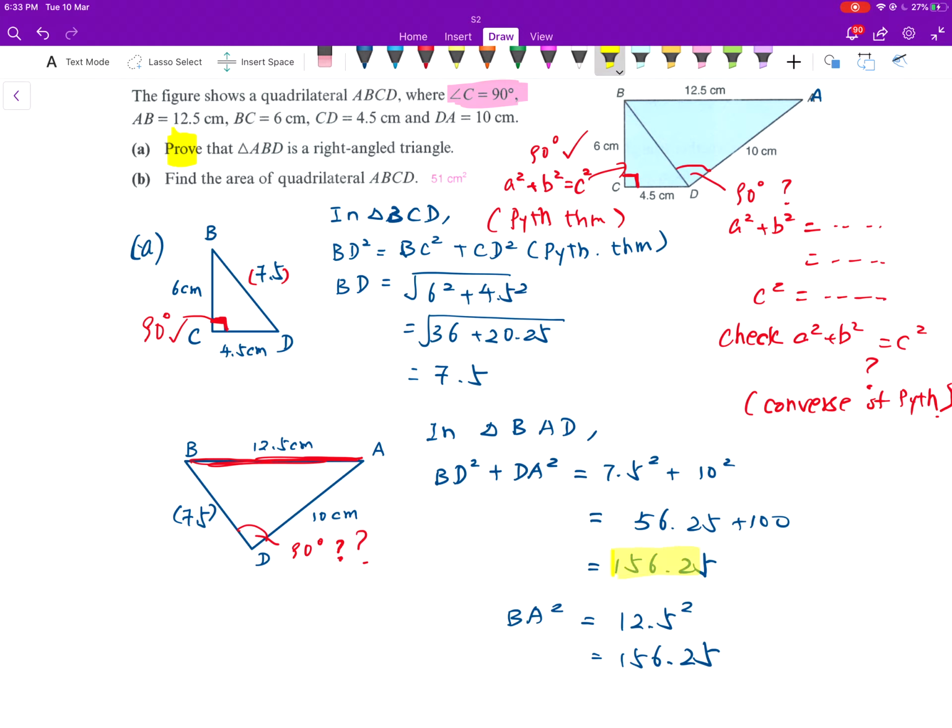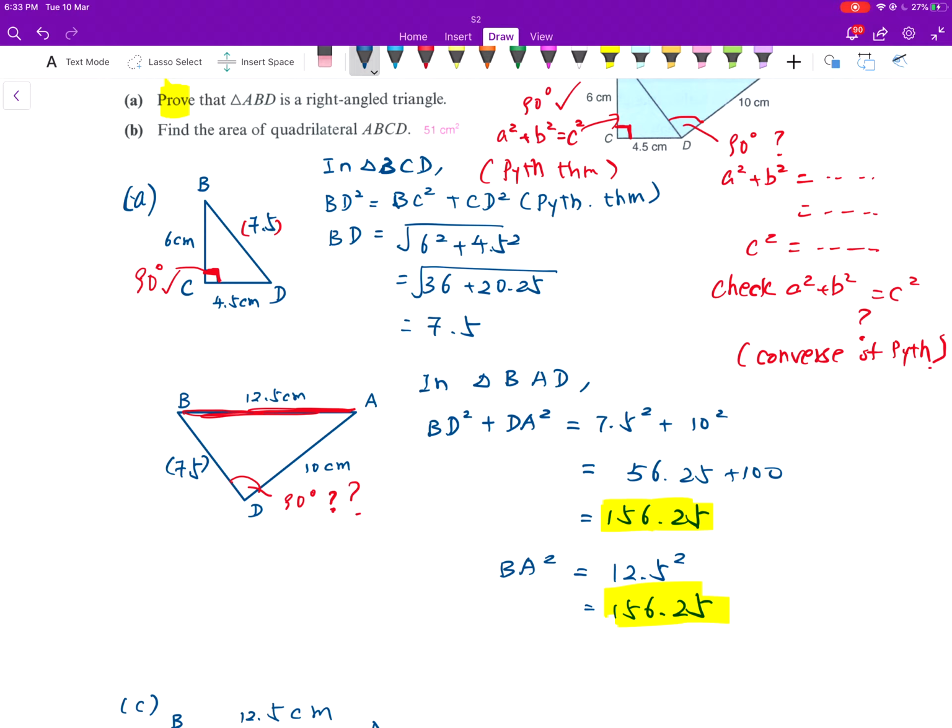So you can see that after calculation, yes, they are equal. So we can write down: since BD squared plus DA squared equals BA squared, they are equal, so triangle BAD is a right angle triangle.